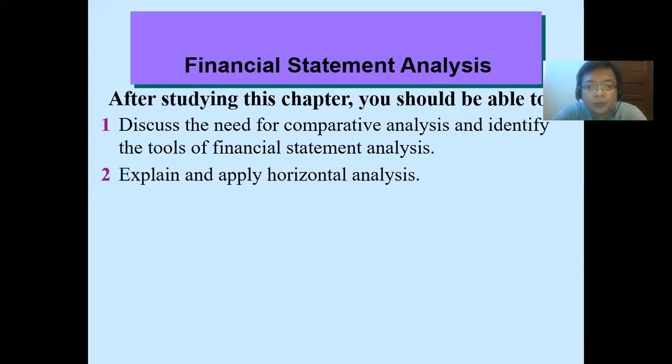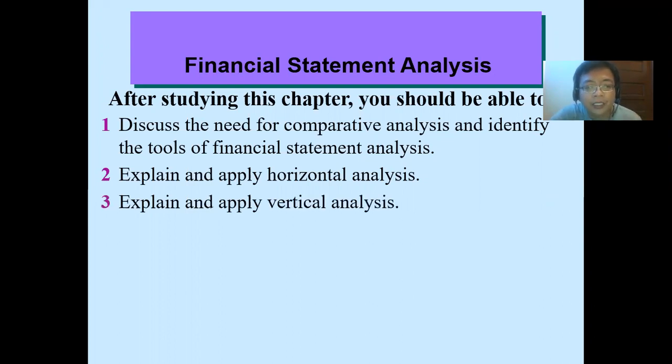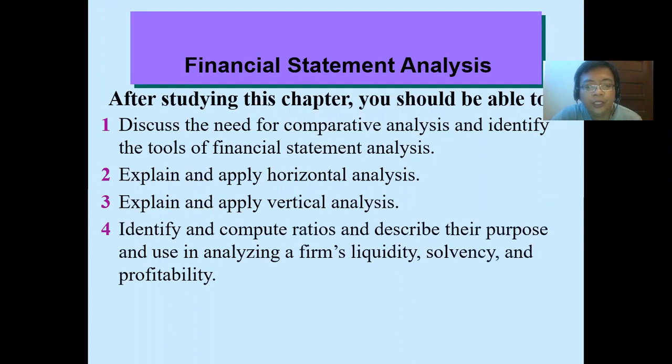Second, explain the trend analysis, also known as horizontal analysis. Third, I will discuss vertical analysis, or common-size analysis. Number four is ratio analysis. Basically, we will discuss the liquidity, solvency, and profitability of the company.